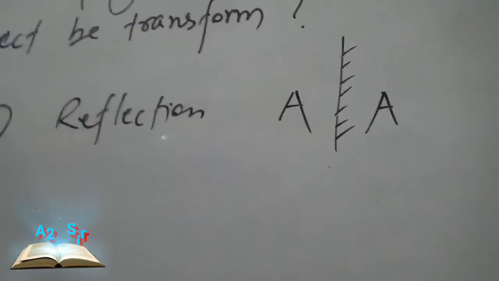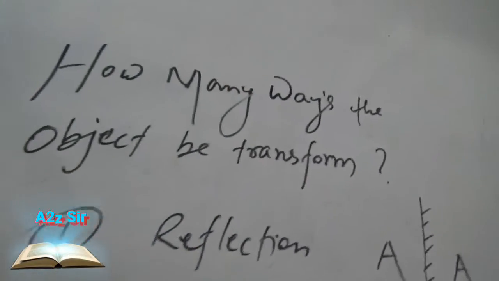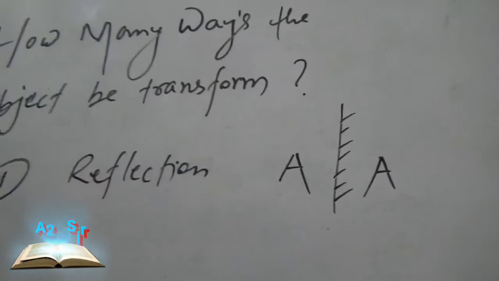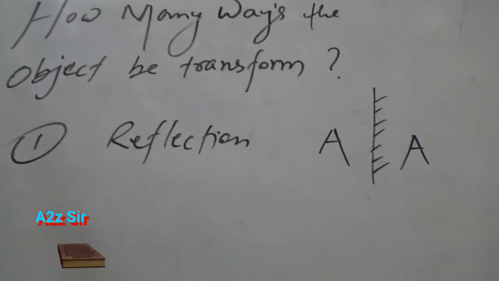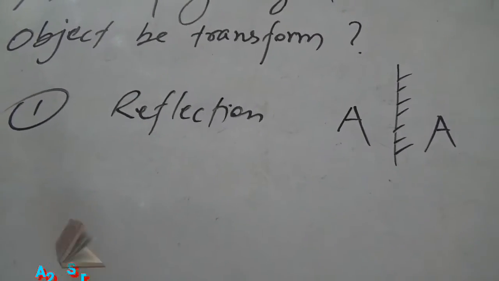So after mirroring of this object, it becomes a reflection through a mirror, and the mirror will be the axis.